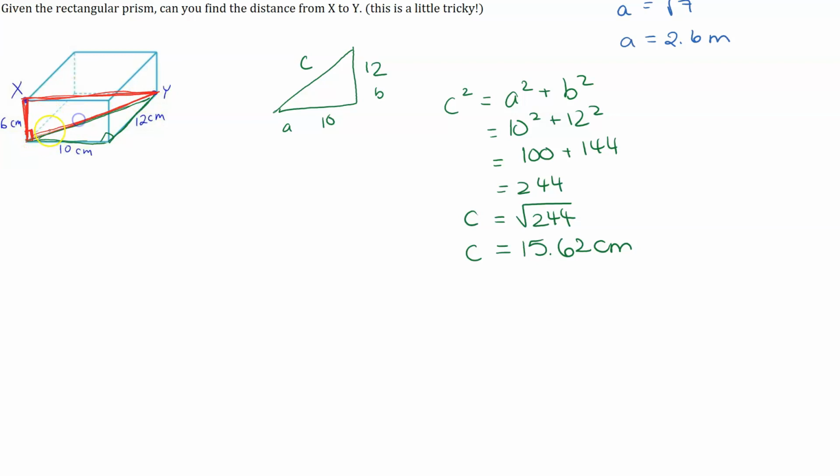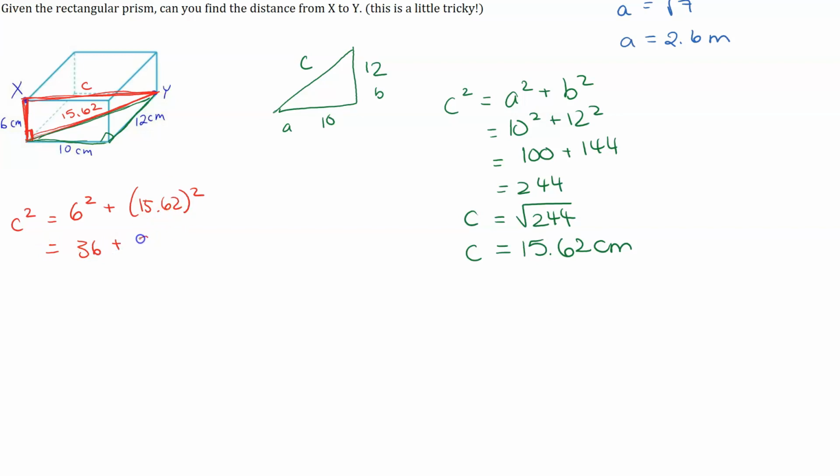Okay, so now back to my red triangle here. What I've worked out is that distance, which is 15.62. If I want to work out XY, that is also a hypotenuse, so I'll label it c. I would do c squared is equal to 6 squared plus 15.62 squared, and then work out c in the usual way. 6 squared is 36.